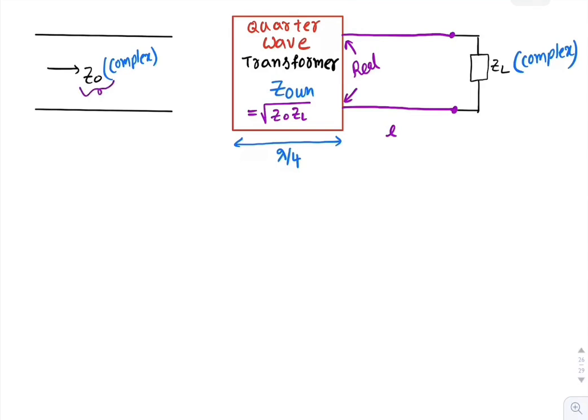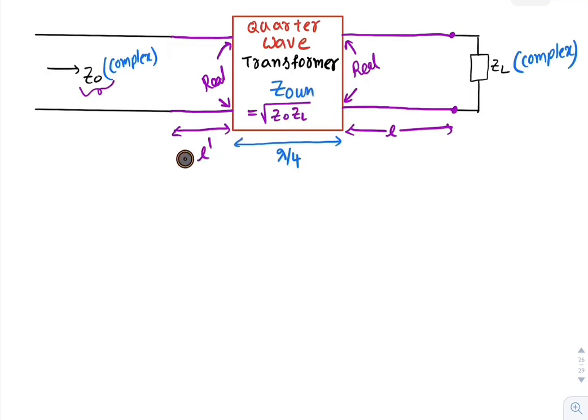since the characteristic impedance of the transmission line is complex, what we are going to do is add a transmission line in between the quarter wave transformer and your transmission line, so that the impedance at this point is real in nature. If this is L, let us say here this length is L dash, so that according to this quarter wave transformer, it is just matching a real value with a real value.